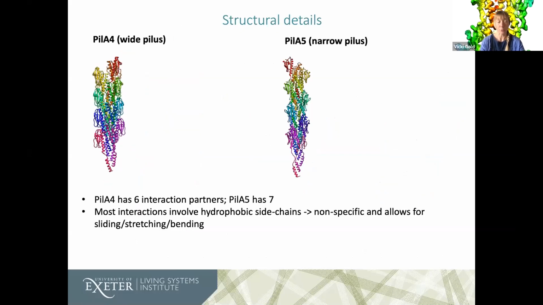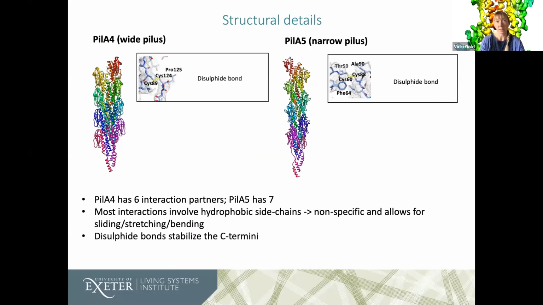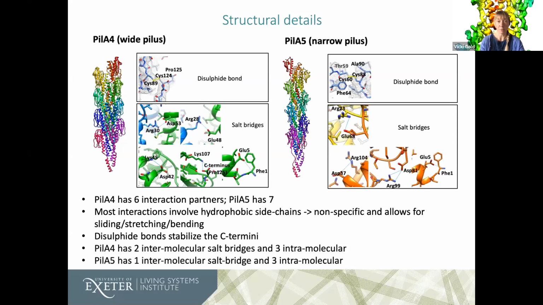So pili 4 interacts with 6 other pilins in the filament, whereas pili 5 interacts with 7. Most of these interactions are hydrophobic, which makes quite a lot of sense because they're non-specific and allow for sliding, stretching, and bending in the function of these filaments. And in both filaments, disulfide bonds stabilize the C terminus, and there are a number of inter- and intramolecular salt bridges.